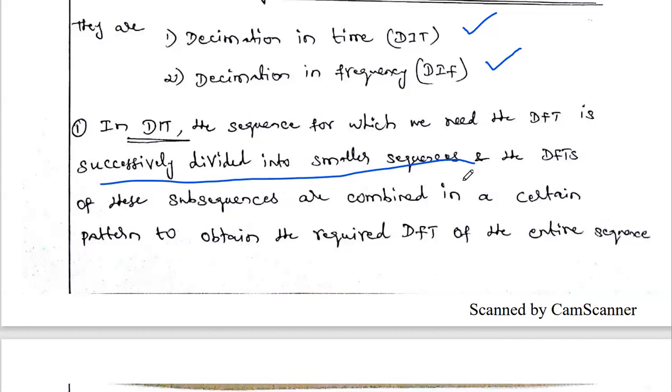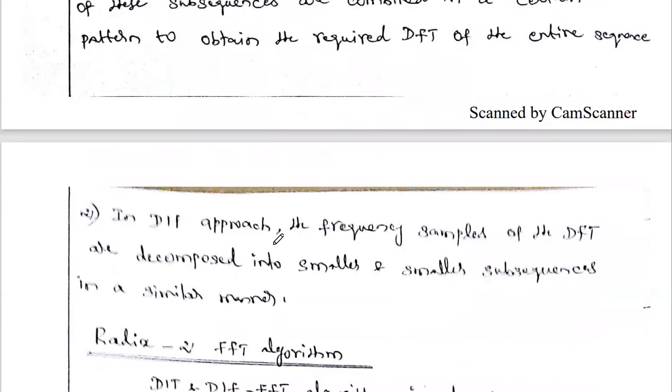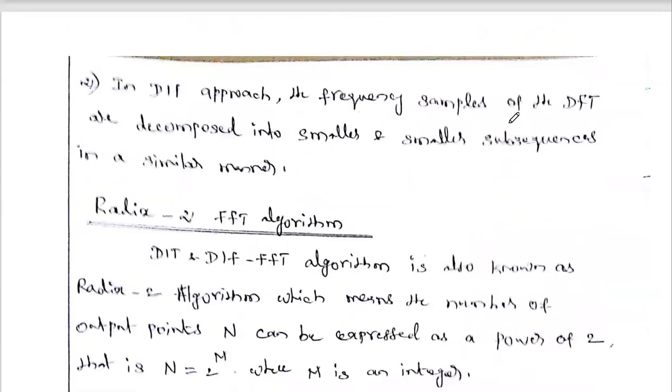So the sequence is successively divided into smaller sequences, and the DFTs of these subsequences are combined in a certain pattern to obtain the required DFT. This is said to be the DIT algorithm. Then in the DIF algorithm, the frequency samples of the DFT are decomposed into smaller and smaller subsequences in a similar manner. So here the X of K value is decomposed into smaller and smaller sequences.